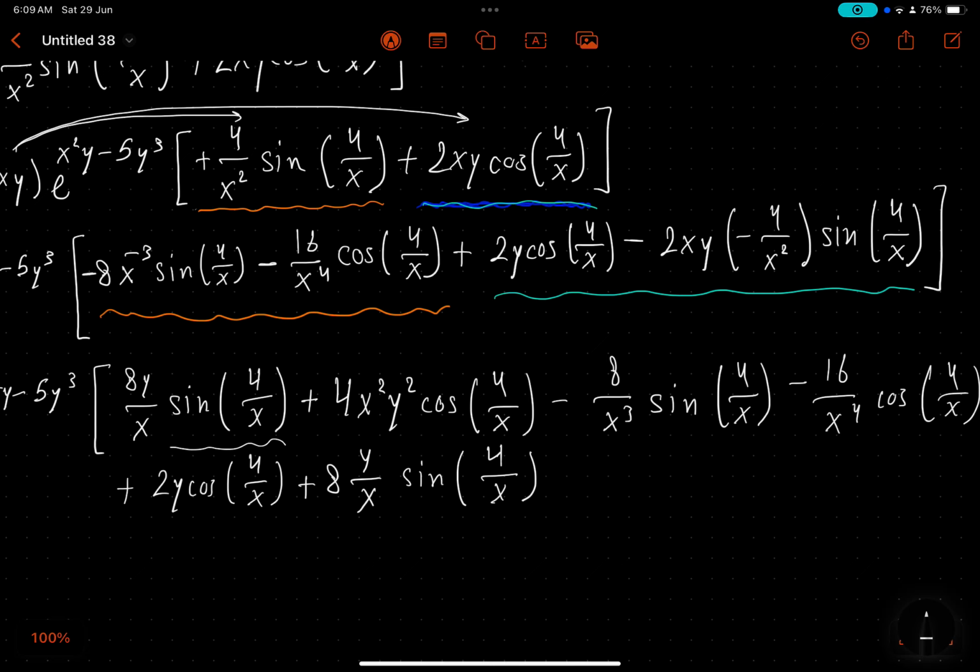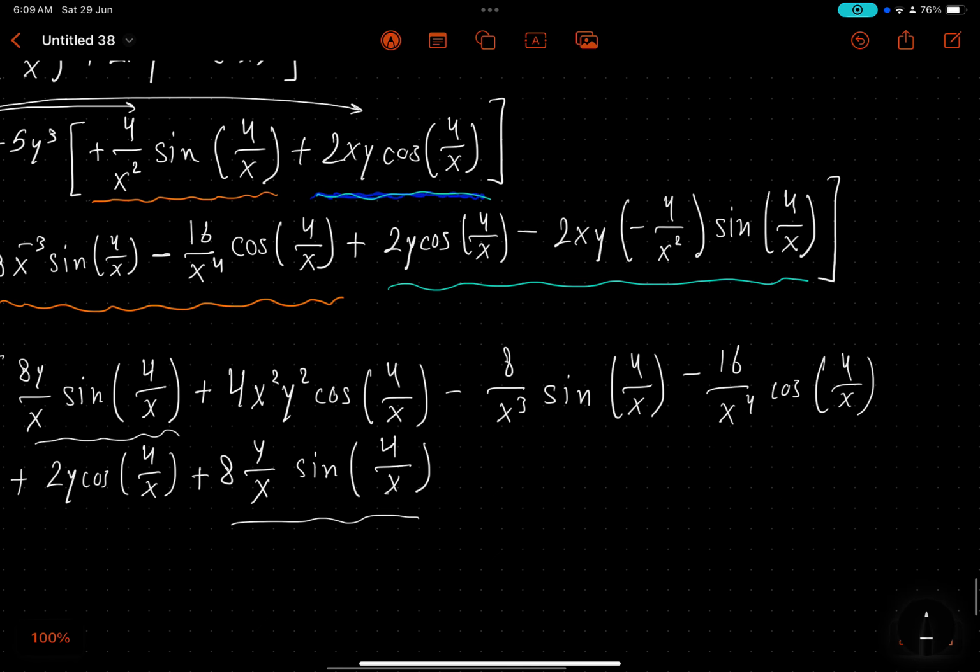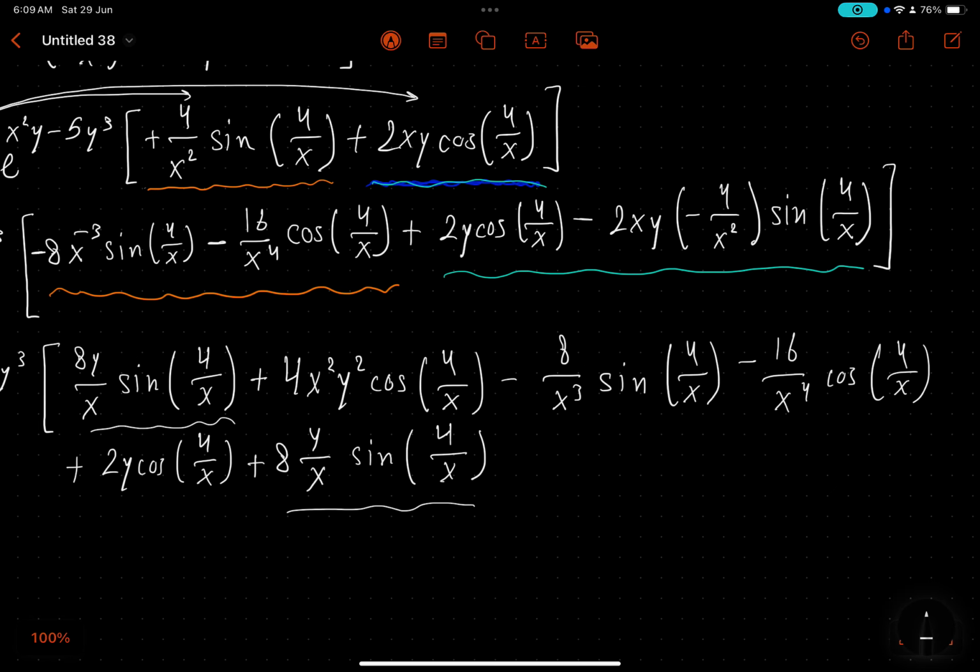So this term and this term can be added, and that's it basically. So I can do just this. We do 16y, and then I remove this.